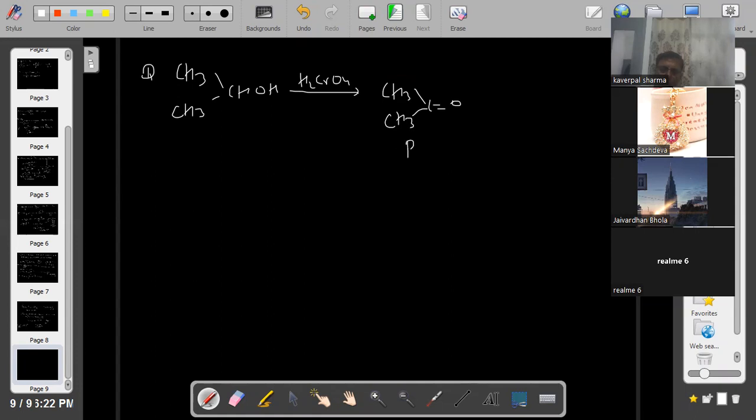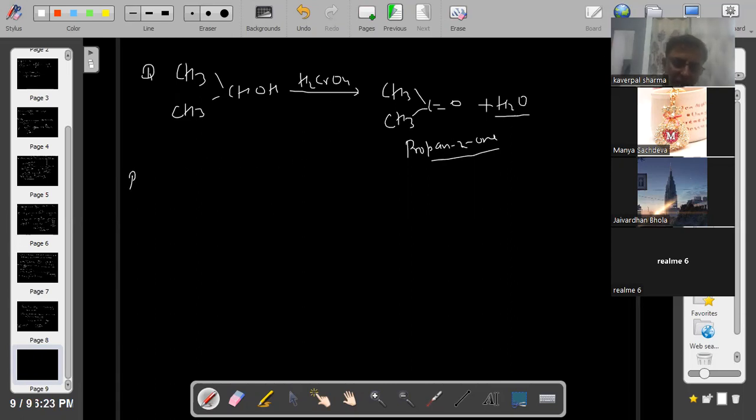That is propanone. So I mean to say, the reactions are initiated by H2CrO4.